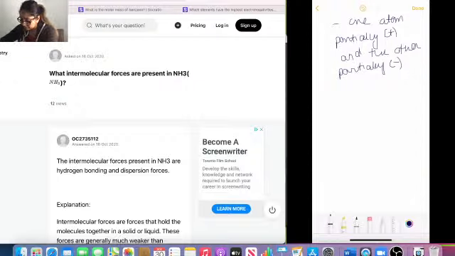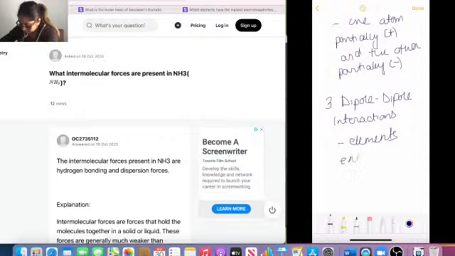And so the next one we have here is dipole interactions. And so these are your other elements besides hydrogen. So these are elements except hydrogen that form bonds with another element with different electronegativity.